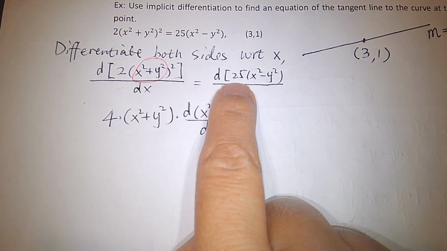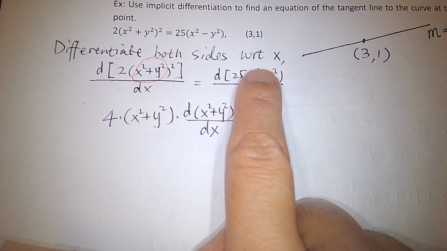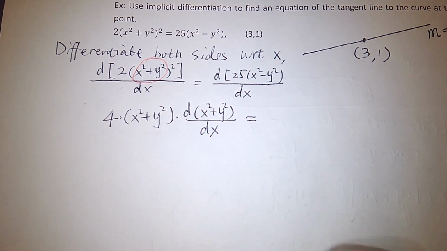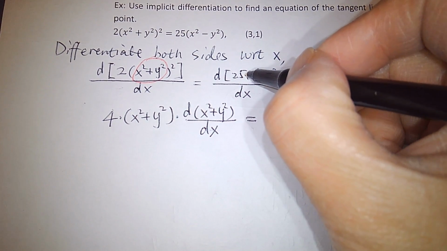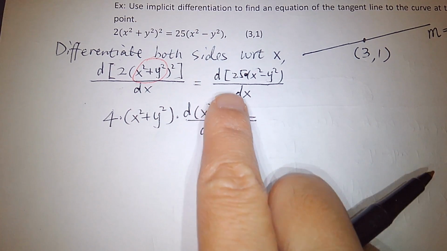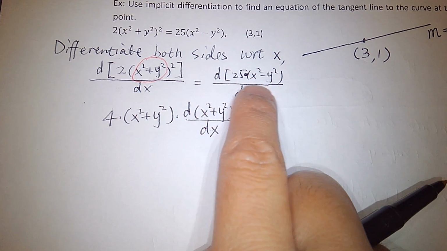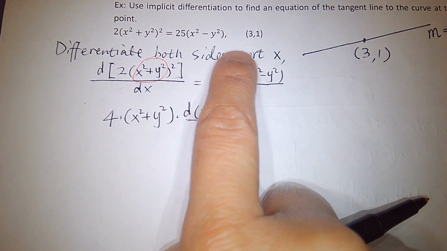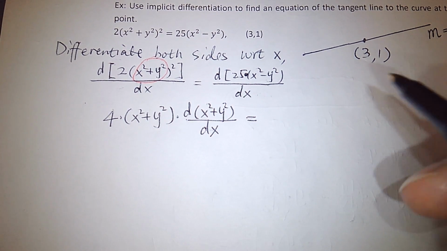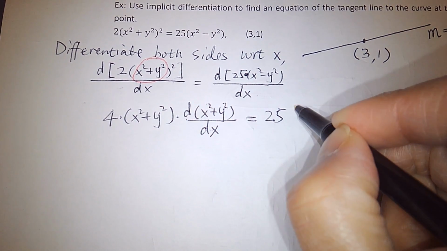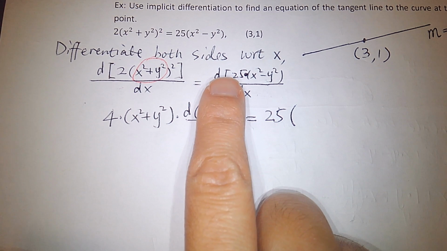Right side. We have 25 times (x squared minus y squared). Guys, this is a multiplication between the constant and this function, right? So how to differentiate it with respect to x? 25 is a constant.